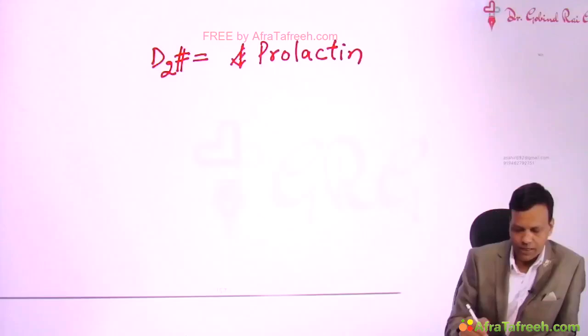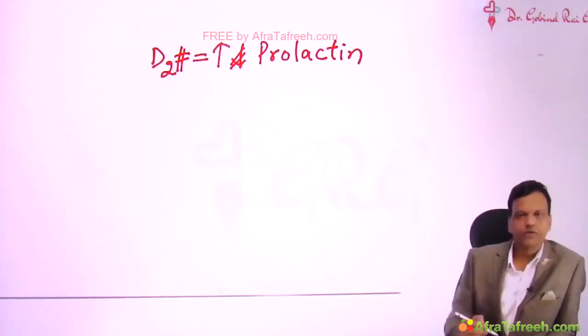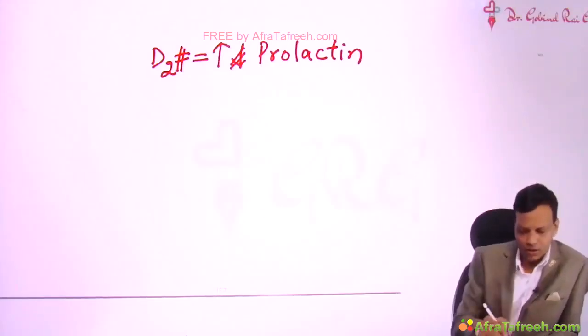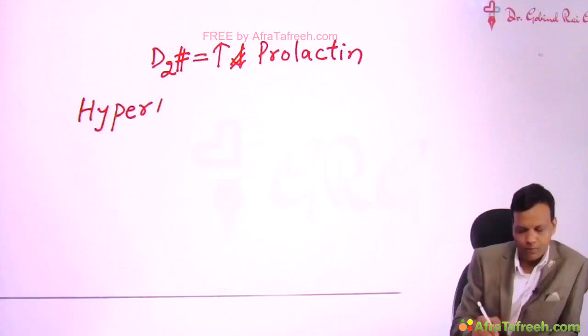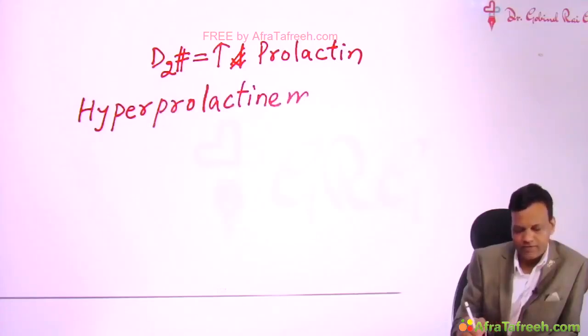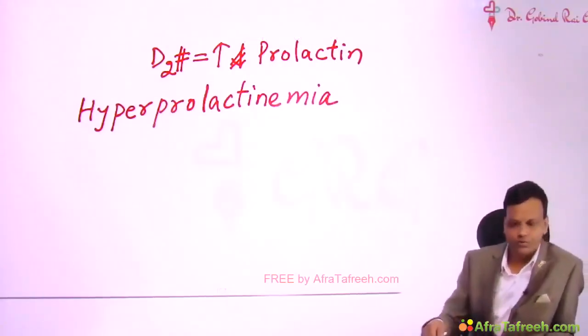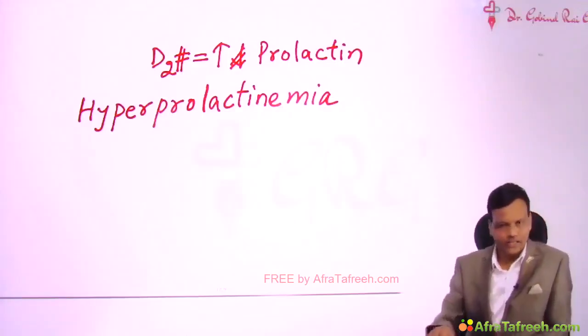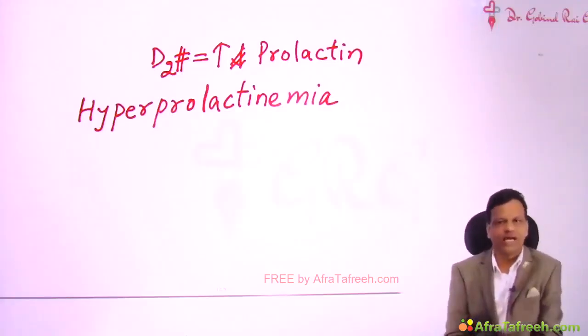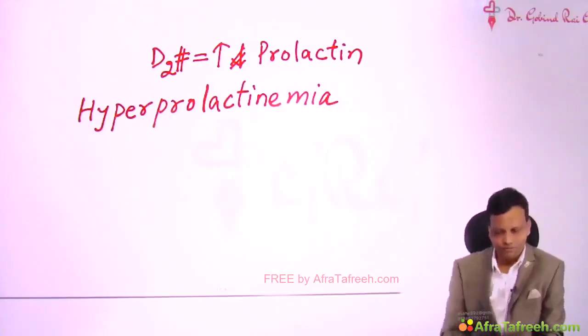That means the prolactin level will increase. So antipsychotic drugs can also cause hyperprolactinemia. And again, this side effect will be more common with strong drugs like haloperidol. So haloperidol-like drugs have a high risk of causing extrapyramidal symptoms and hyperprolactinemia.